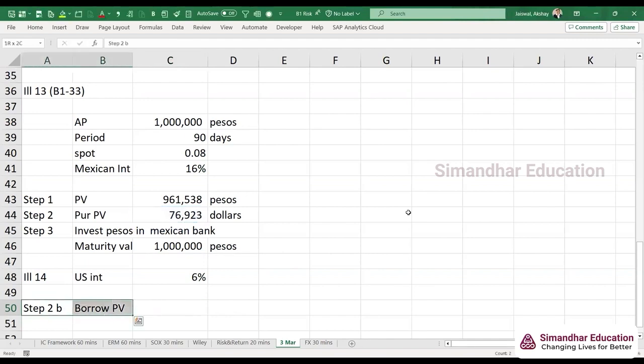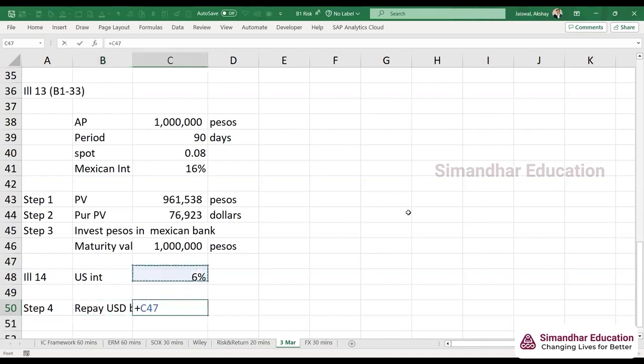Not step 2B, we'll borrow the present value, but step 4 will be there, that we will repay the USD borrowings.